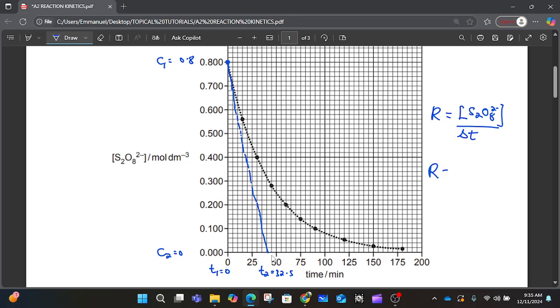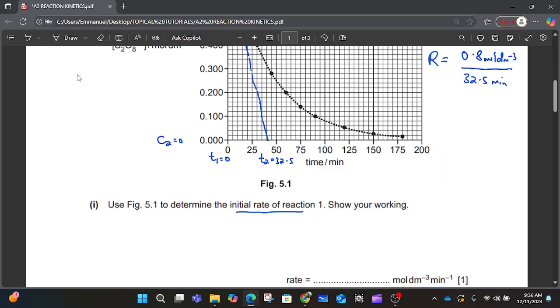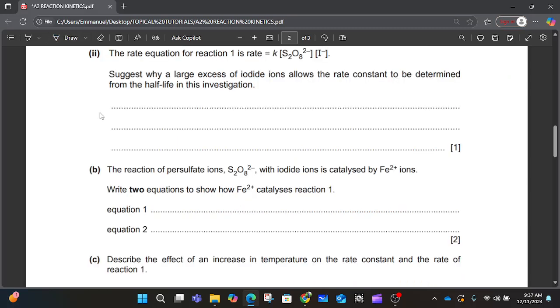Therefore, the initial rate is equal to 0.8 mole per decimeter cube divided by 32.5 minutes. And this gives us 0.02 mole per decimeter cube per minute.